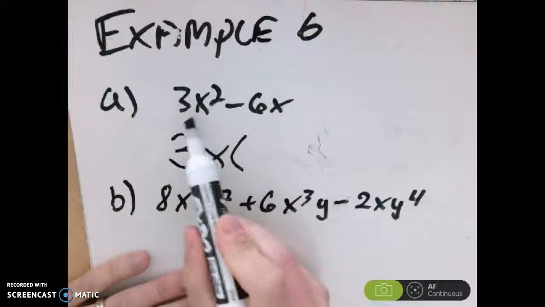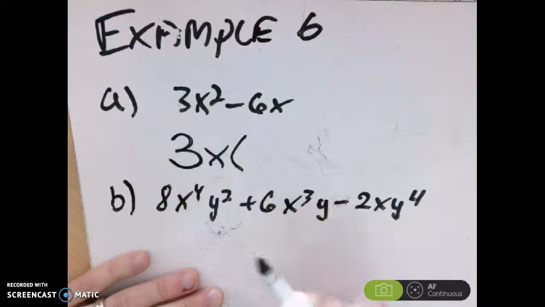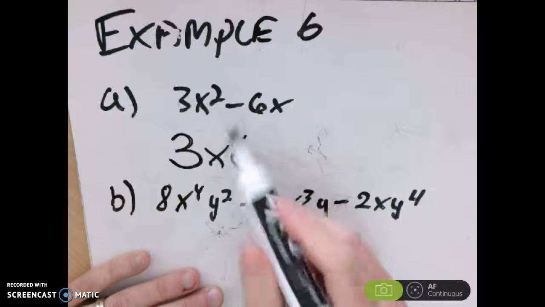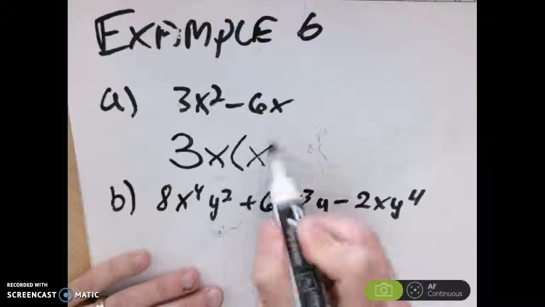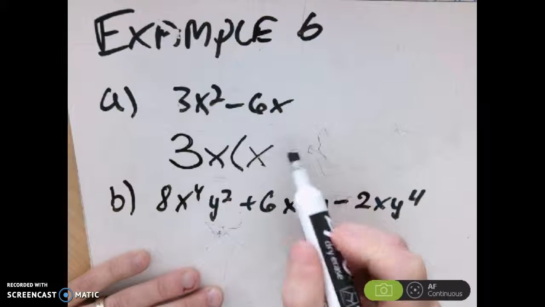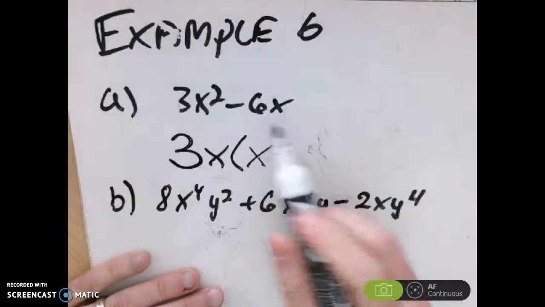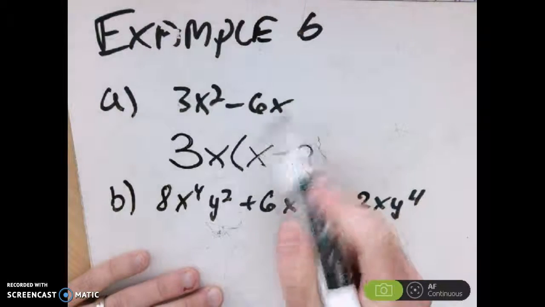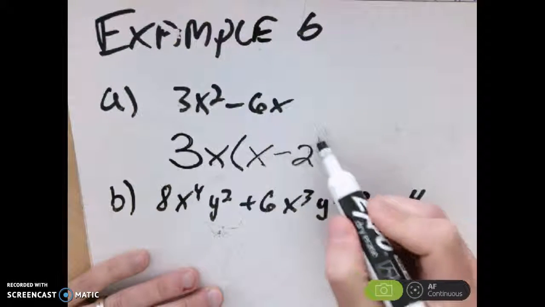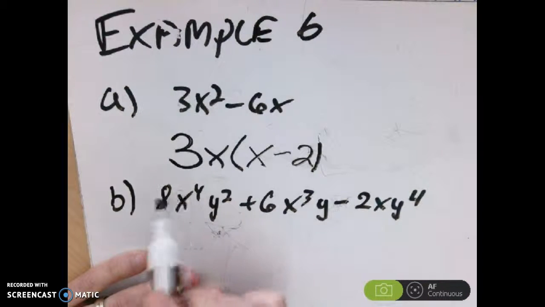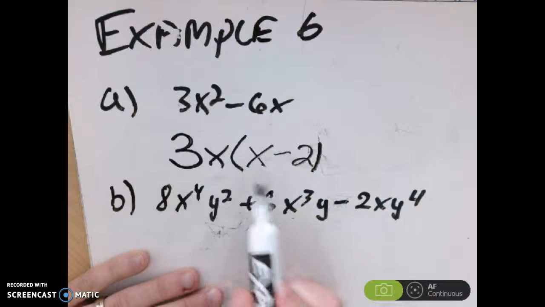If I divide a 3x out of 3x squared, 3 divided by 3 is 1, and taking an x out of x squared leaves x. Then for my negative 6x, taking a 3 out of negative 6 leaves negative 2, and the x and x divide out. So I get 3x times x minus 2.